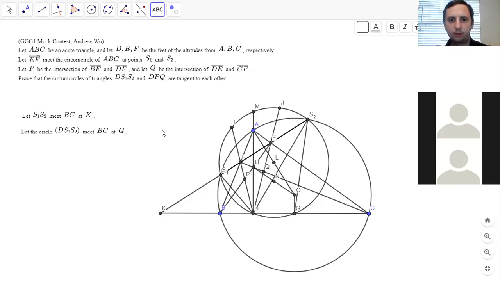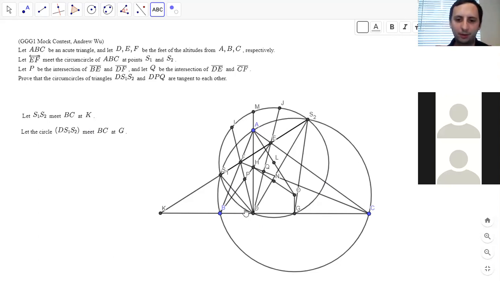But first, how do we know that this circle passes through the midpoint of BC? You said it earlier, Sridhar. From harmonic, we know that KB multiplied by KC equals KD multiplied by KG.